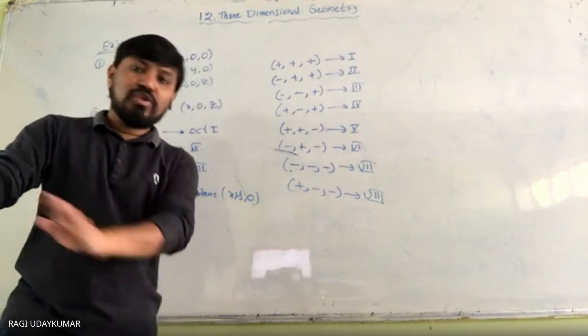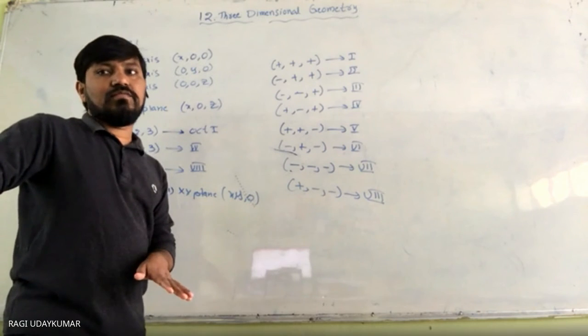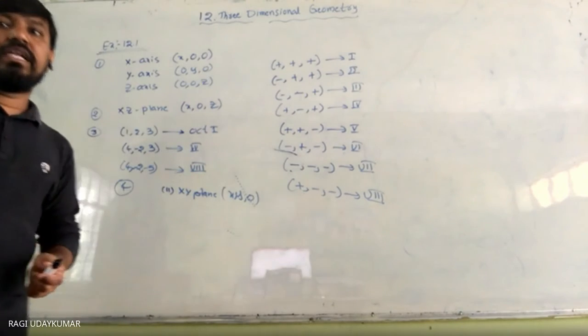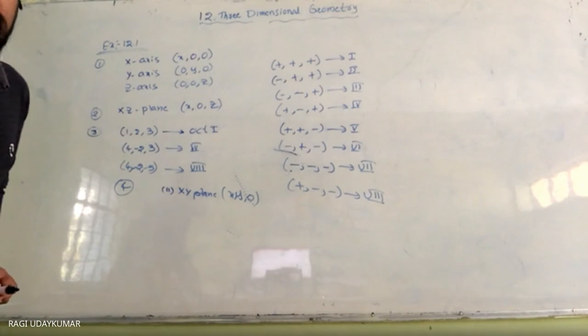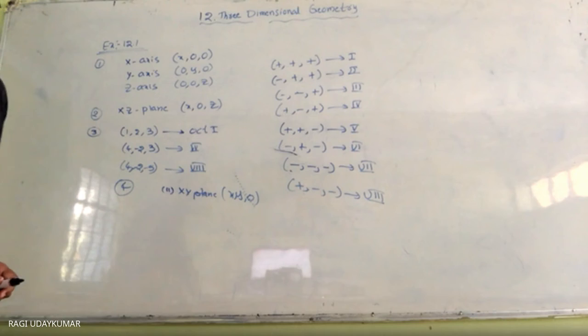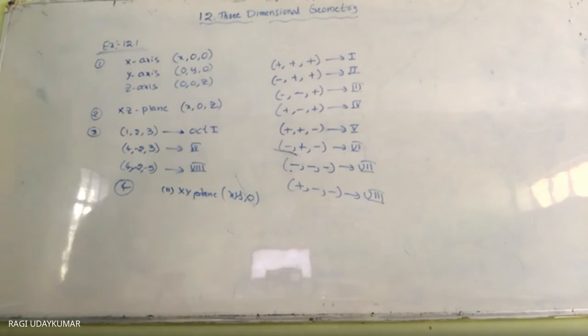All the points wherever you are standing are already present on the xy plane. Next, the coordinate planes divide space into how many octants? Eight octants, obviously. So this is simple, exercise 12.1.